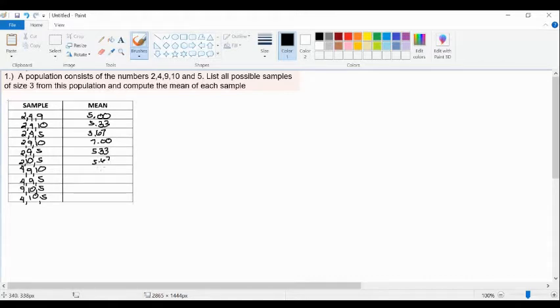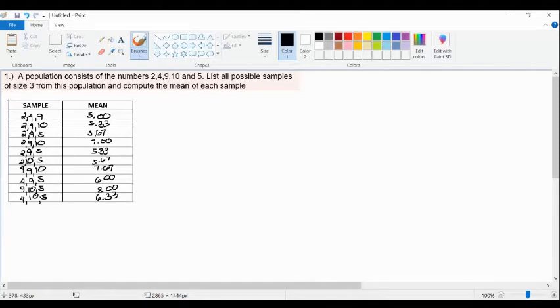For 2, 9, 10, that is 7.00. This one is 6, this one is 8, and lastly, it's 6.33.